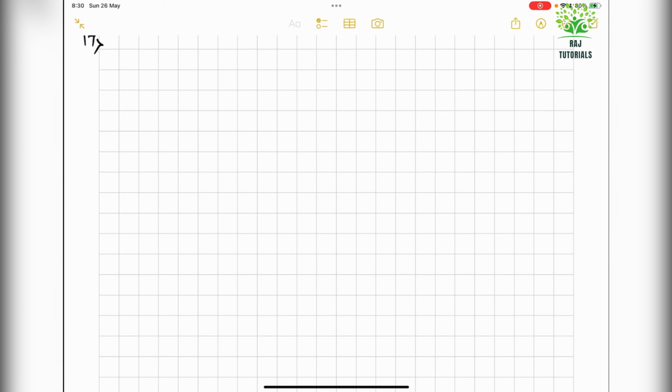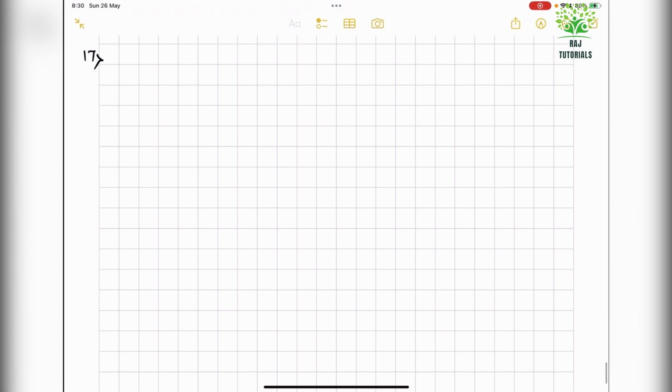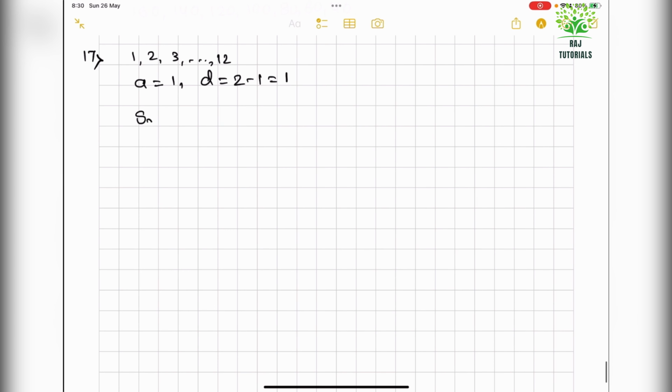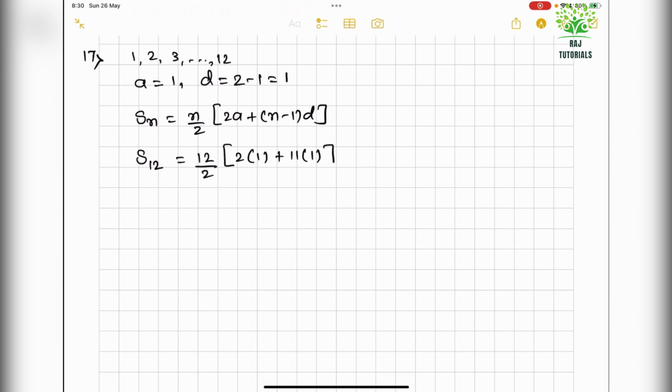So here we can see that it is clearly an AP. So 1, 2, 3 till 12 classes are there. So the first term A will be 1. D also will be 2 minus 1, that is 1. So Sn equal to n by 2 into (2a plus (n minus 1) d). Now here there are 12, S12, so 12 by 2 into (2 into 1 plus (12 minus 1), 11, into d, d is 1).